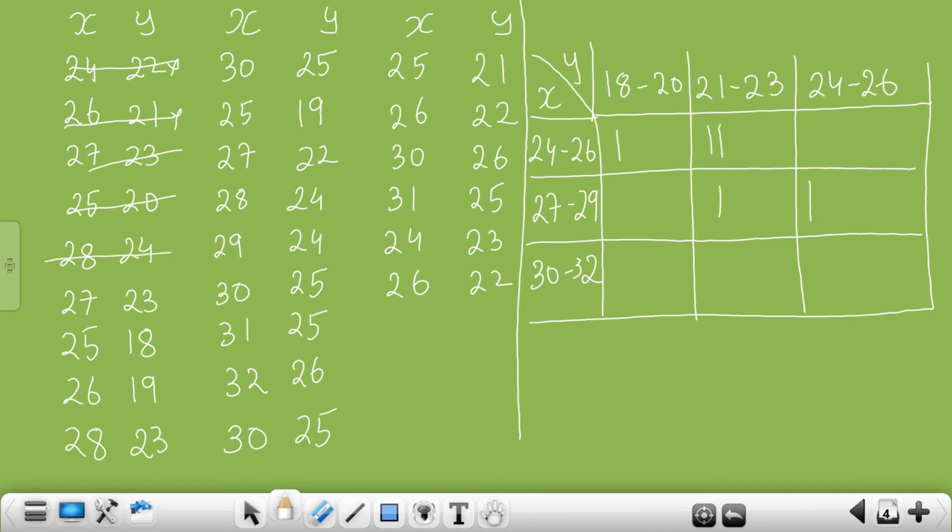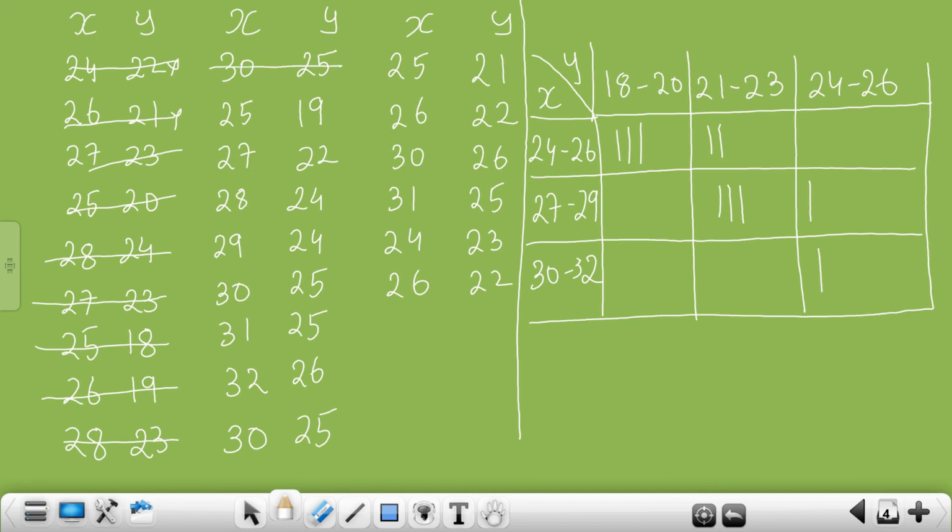Right, so 28 and 24 comes in between 27 to 29 and 24 to 26. Now 25 and 18 would be marked in between. Right, now x is equal to 26 and y is equal to 19. Right, x is 28 and y is 23. X is 30 and y is 25.